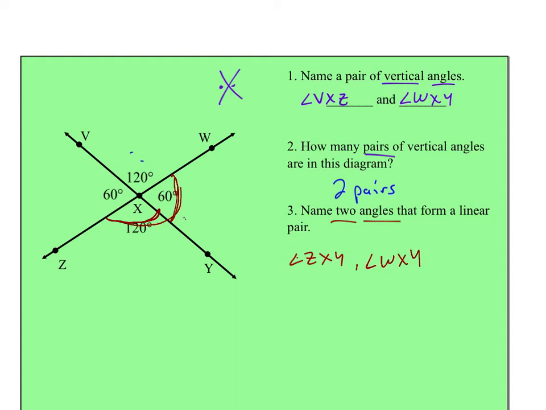These two together make a line. They make 180 degrees, so that would work. I could take those two, those two, those two, those two. Basically, any two angles that are not vertical angles, I could take for a linear pair.